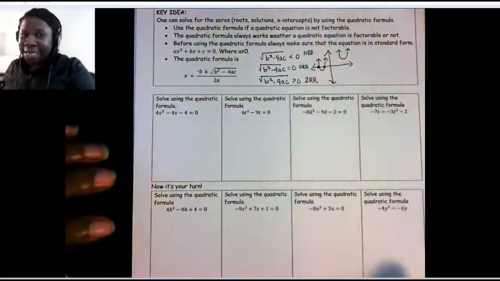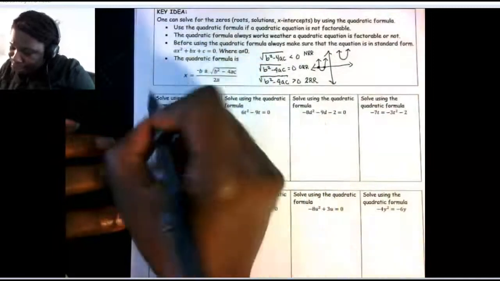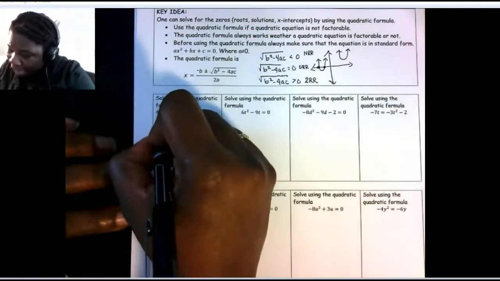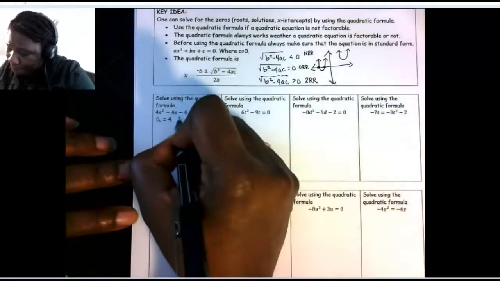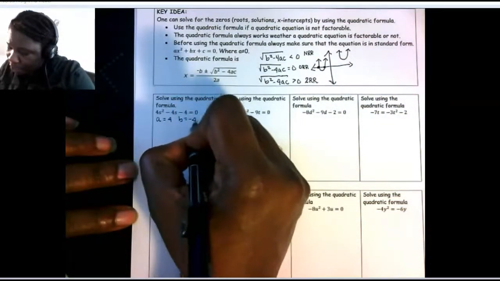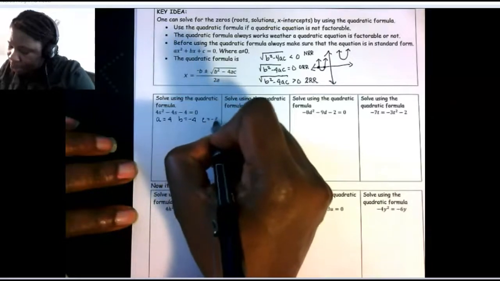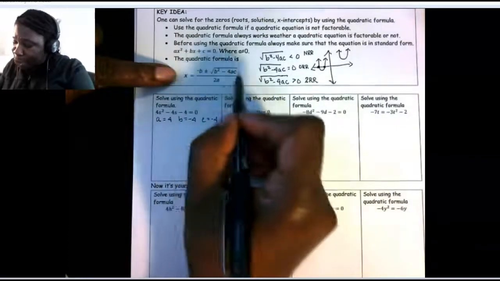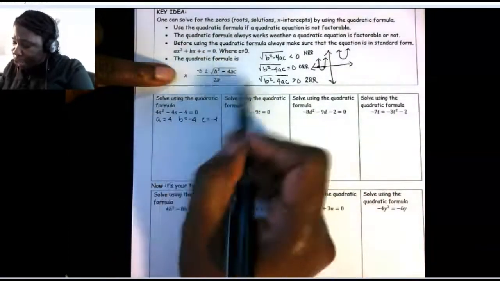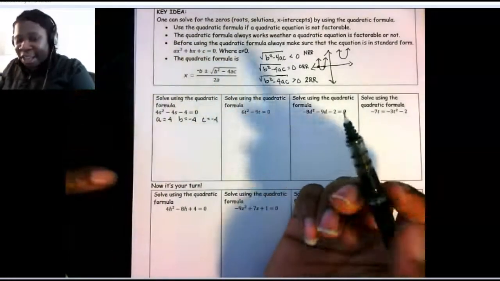So let's finally get to the math. So the first thing we're going to do is identify our A, a B, and a C. So A here is 4, B is negative 4, and C is also negative 4. Then we're going to substitute all of these values inside of our formula.